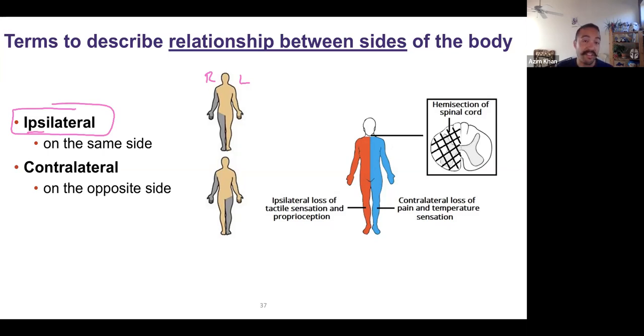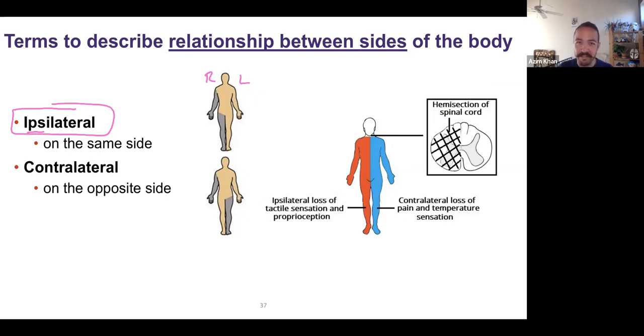Sometimes, whether it's sensation or control, like let's say I want to touch something with my right hand. If I touch something with my right hand, that information will actually get processed in my left brain. So there's this crossing sides from right to left and left to right for both sensory and control in certain cases.